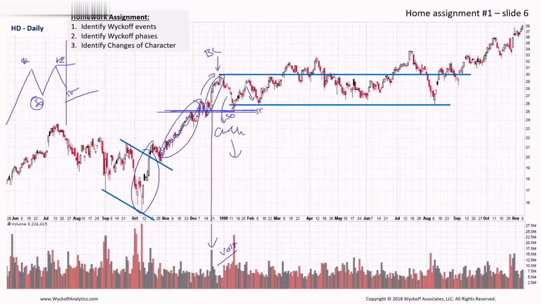The shakeout is much, much smaller than the distance to the upside. So therefore, with the volume signature, we're thinking, okay, maybe a temporary shakeout action. If this is a shakeout, then the next thing that we're experiencing is automatic rally, secondary test, phase A.